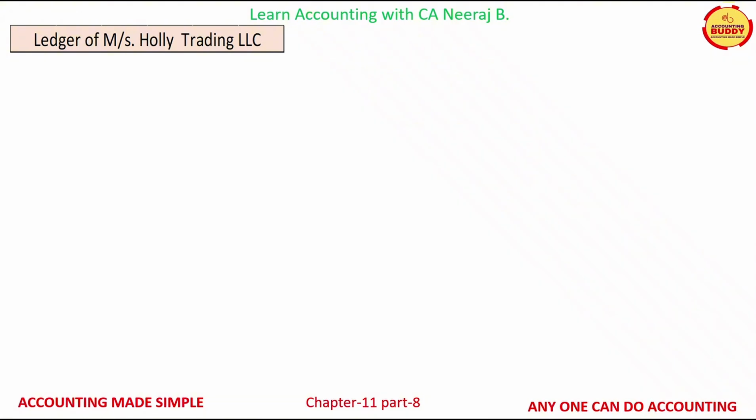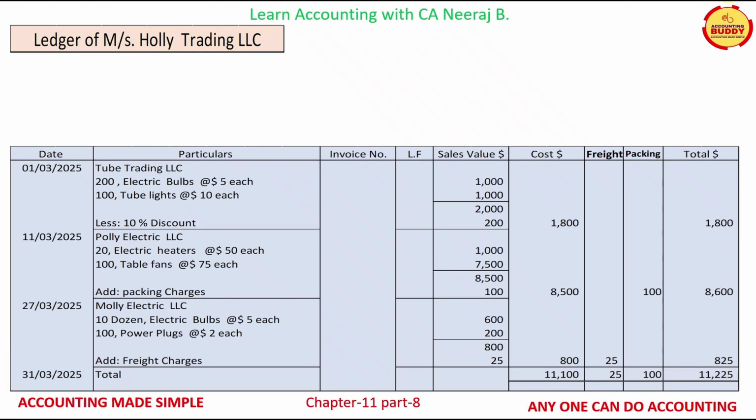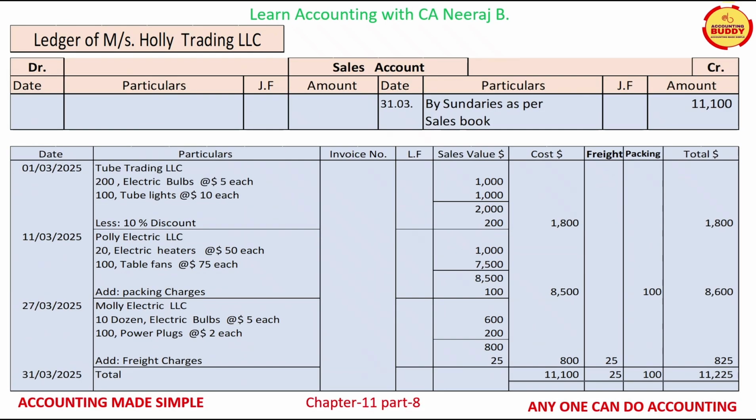Now let us understand the posting of the sales account at the end of the month. The sales book for March 25 is displayed on your screens. The total sales done for the month of March 25 will be posted on 31st March 25, being the last day of the month, on the credit side of the sales account for $11,100 by writing the words by sundries as per sales book.